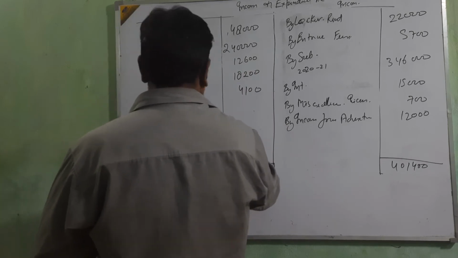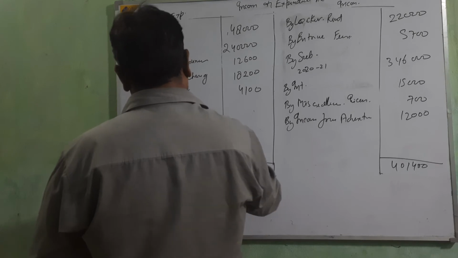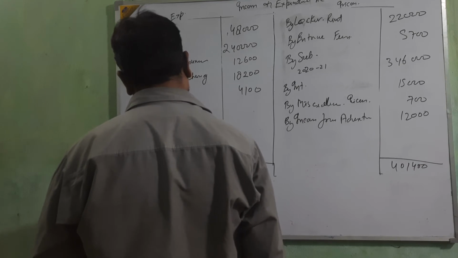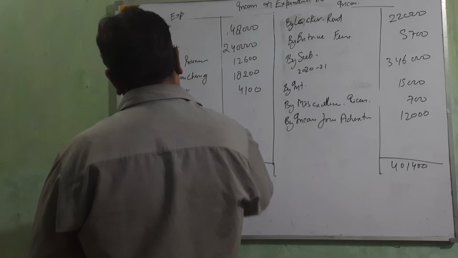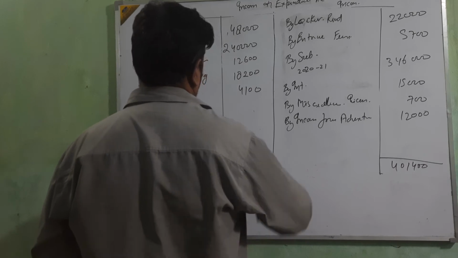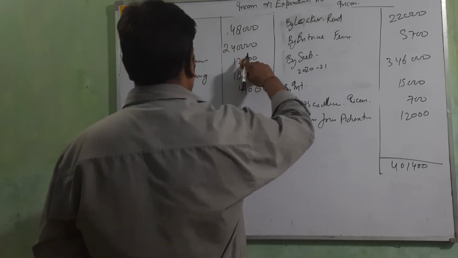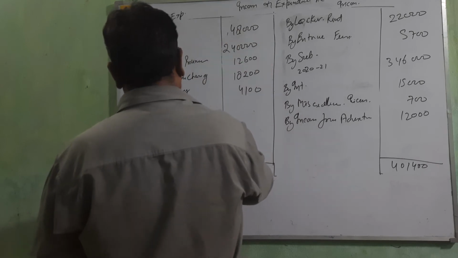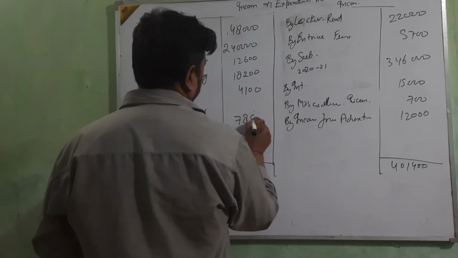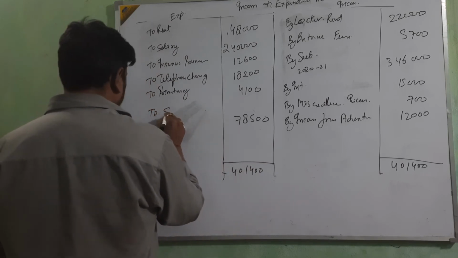Then the difference amount is 85,000. That will be a surplus.